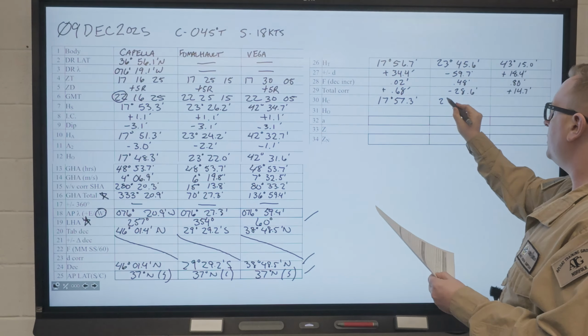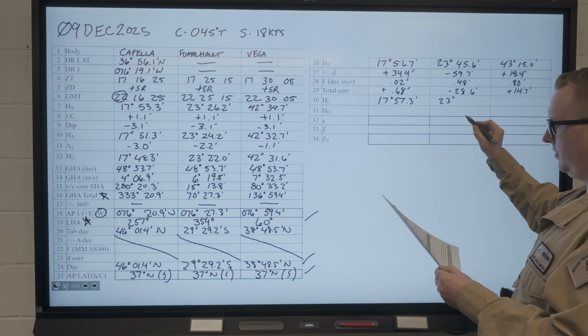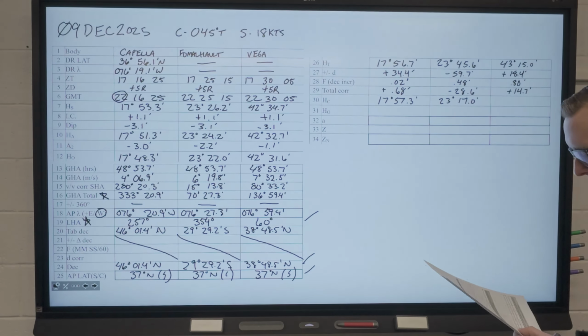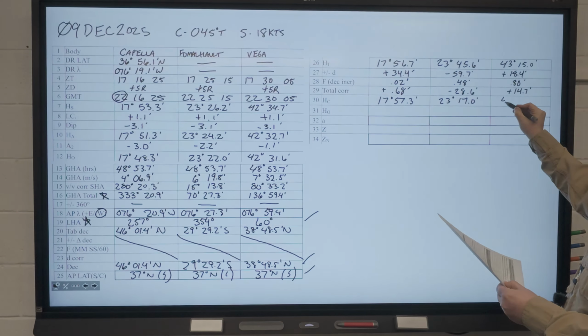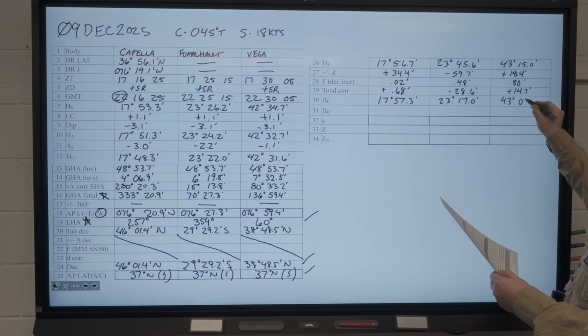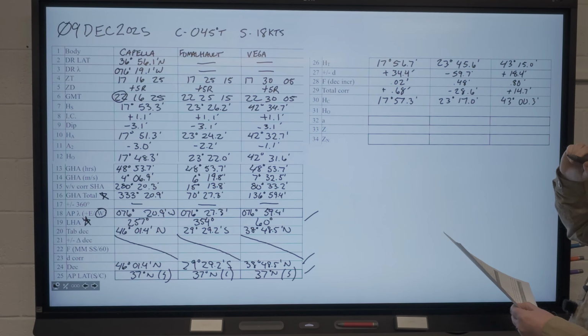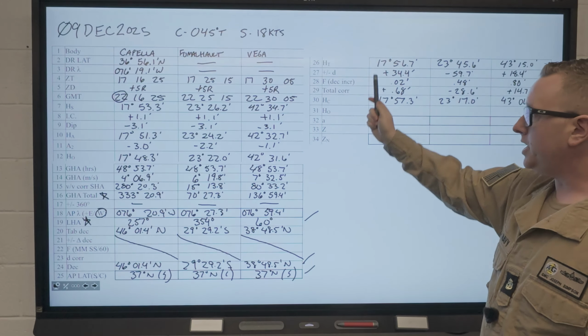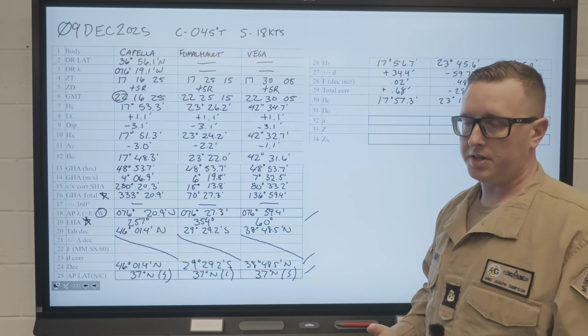Fomalhaut, 23 degrees 17.0 minutes. And Vega, 43 degrees 0.3 minutes. All HC is taking HT and applying the rest of your declination.